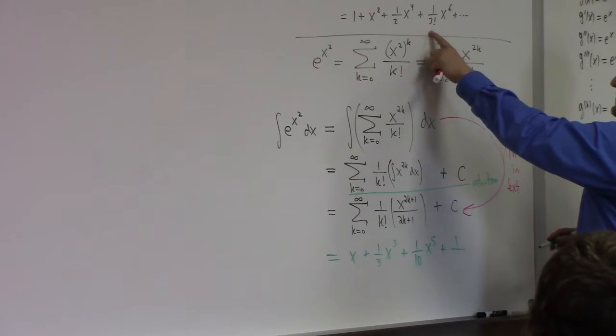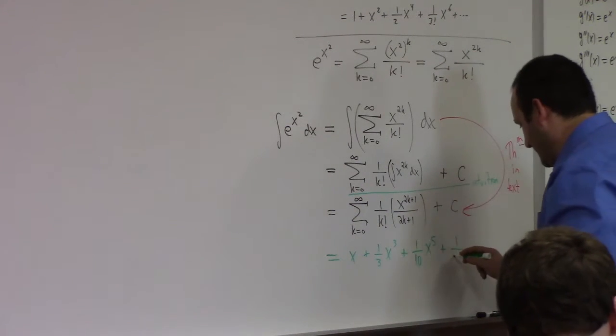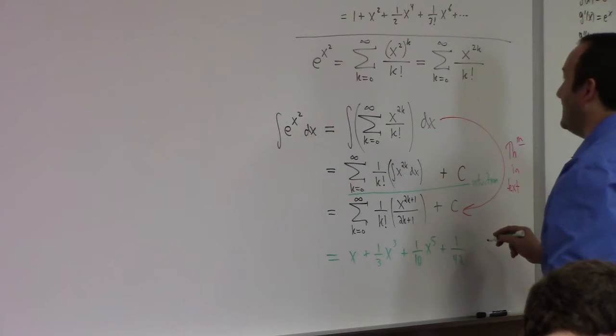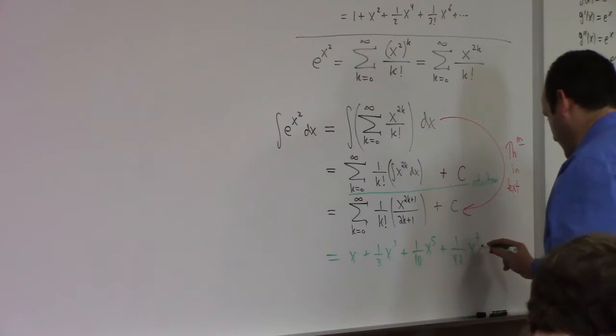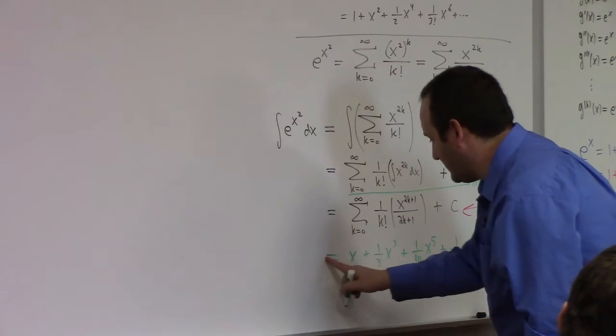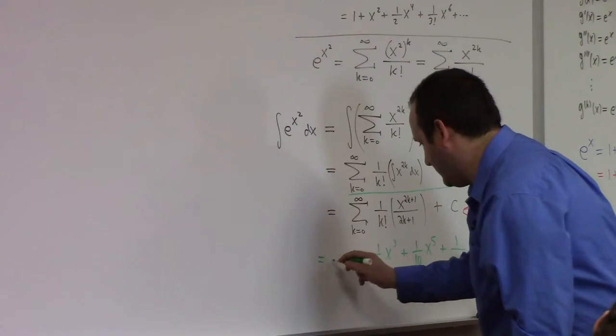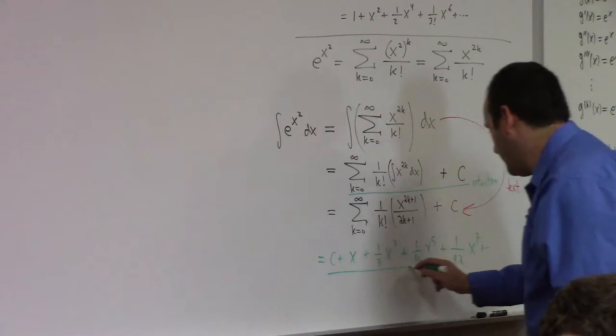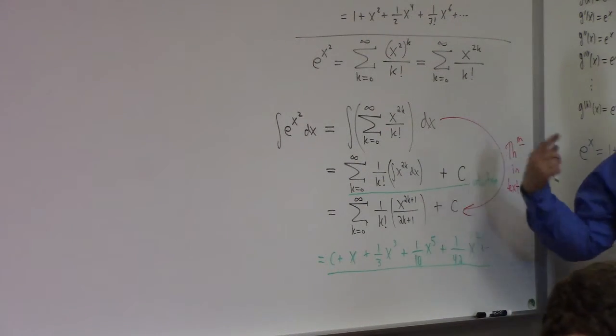It's 6 times 7, 42. It's everywhere. x to the 7th plus dot, dot, dot. And since it goes plus dot, dot, dot, usually we write the constant at the front.